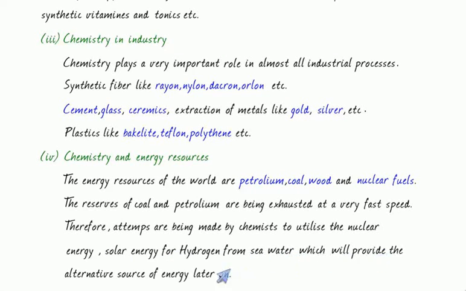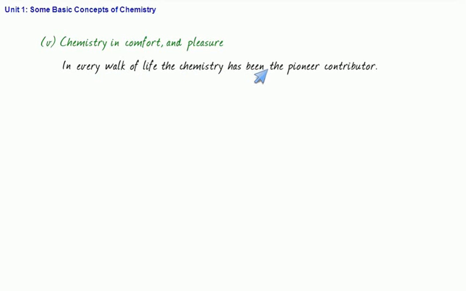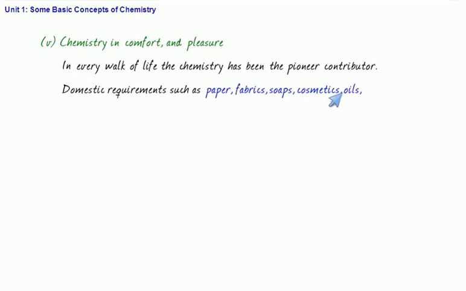Similarly, chemistry in comfort and pleasure. In every walk of life, chemistry has been the pioneer contributor. Now, the domestic requirements such as paper, fabrics, soaps, cosmetics, oils, dyes, perfumes, toothpaste, all these things are basically made up of chemical substances.